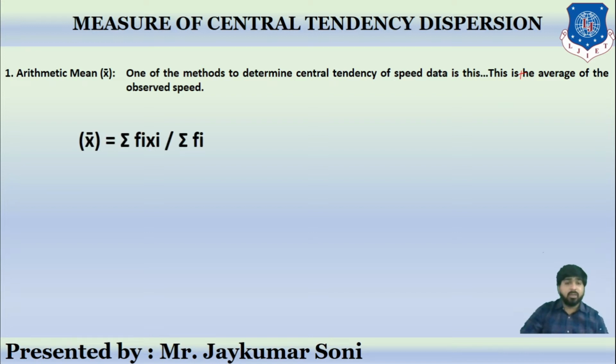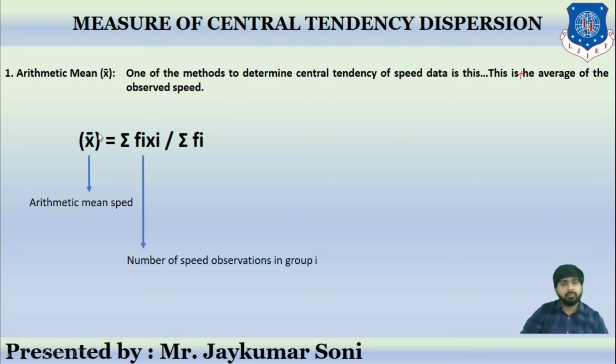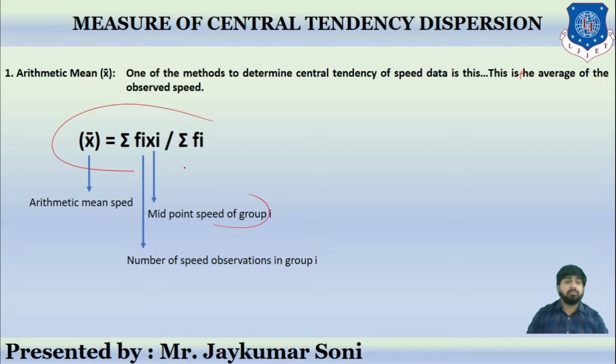This is the equation for it, where x bar stands for arithmetic mean speed, Fi stands for the number of speed observations in the group, and Xi stands for the midpoint speed of the group. This is how it can be understood.